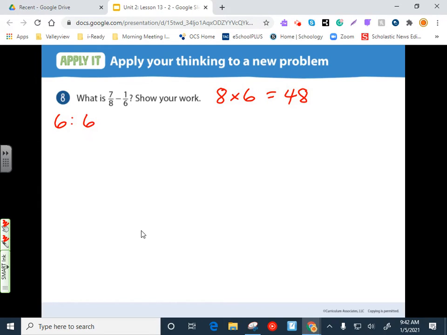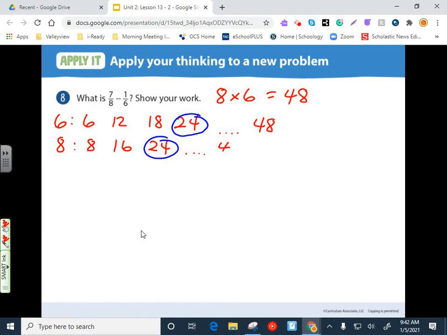I've got 6, 12, 18, 24. Let's look at multiples of 8. I've got 8, 16, 24, and I can stop right there. I could continue with my multiples and eventually 6 times 8 would have given me 48, and 8 times 6 would have given me 48. But look at the fact that 24 is smaller.